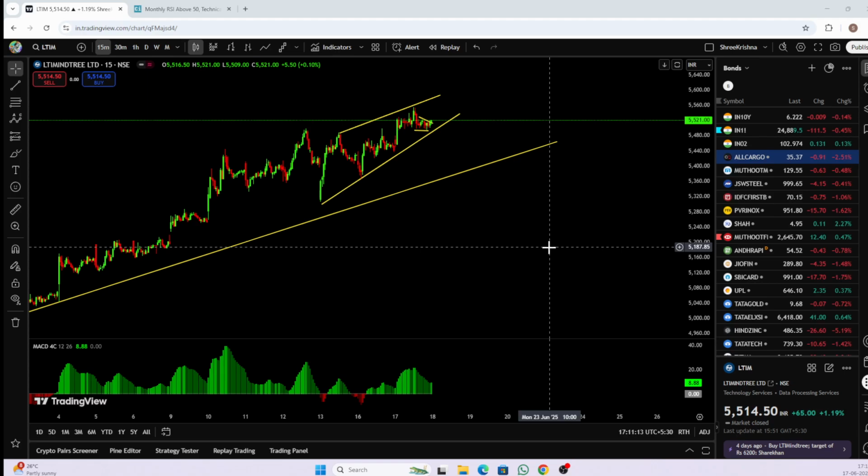Okay. Now tell me, if I say this is an impulse, this is a correction, and this is an impulse. Suppose you sold here, when it reverses here, you should be able to get out of it. So this is an impulse, this is a correction, and this is an impulse. How do you take a judgment?